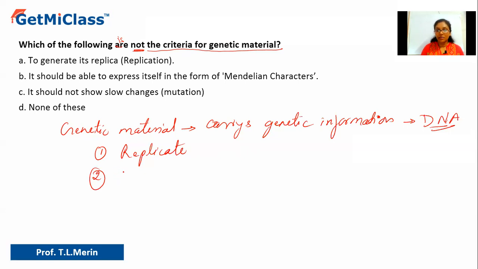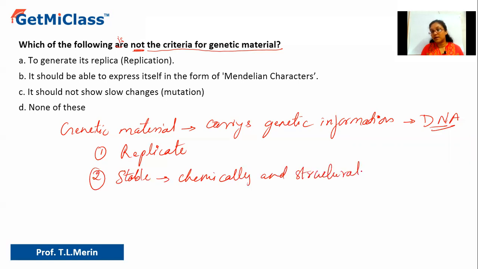The second important characteristic is that it should be stable. The genetic material should be stable because if it degrades or gets broken into fragments, then how will it carry the information? It should be chemically and structurally stable.